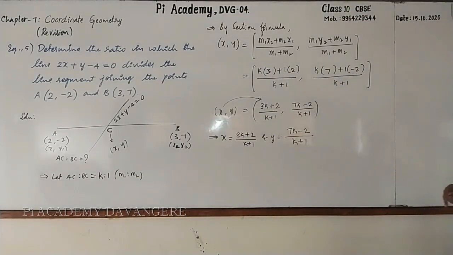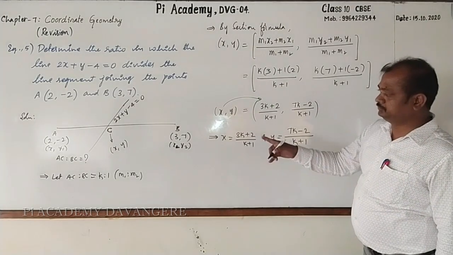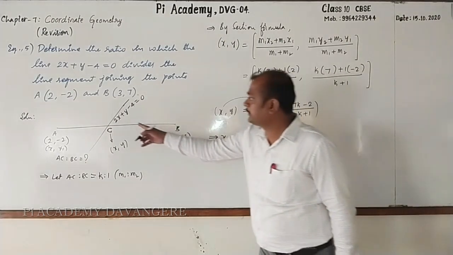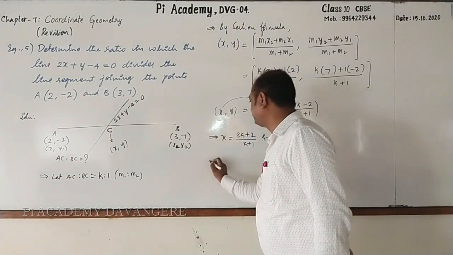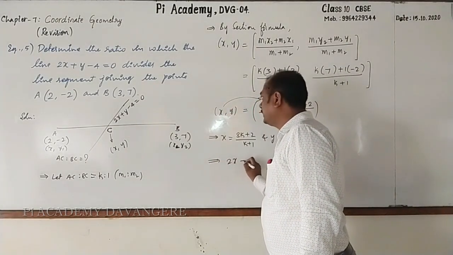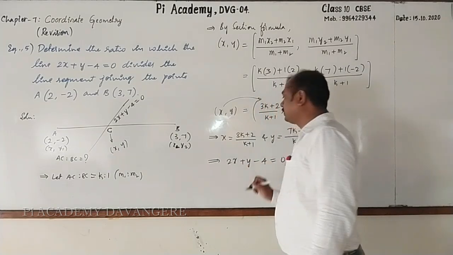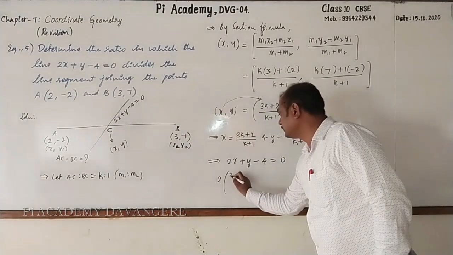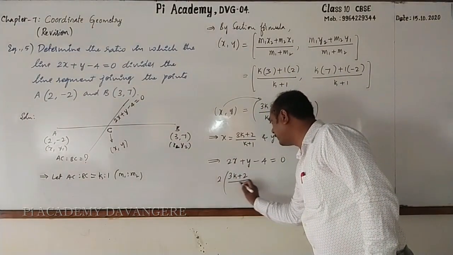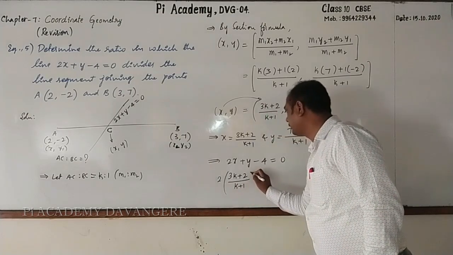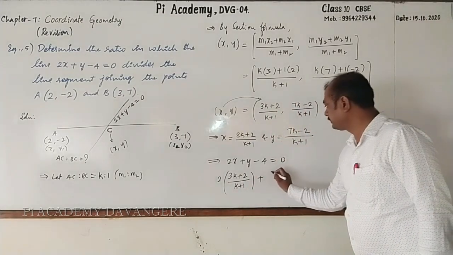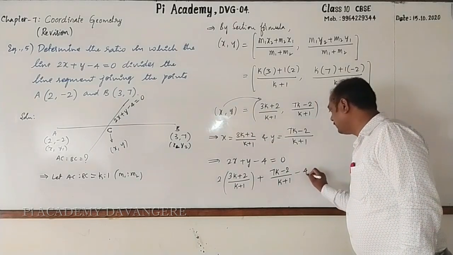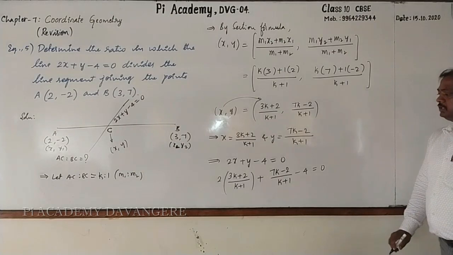We want the value of k so that we can find out its ratio. That's why I'll use this equation: 2x + y - 4 = 0. Substitute x and y: 2 into (3k + 2)/(k + 1) plus (7k - 2)/(k + 1) minus 4 is equal to 0.